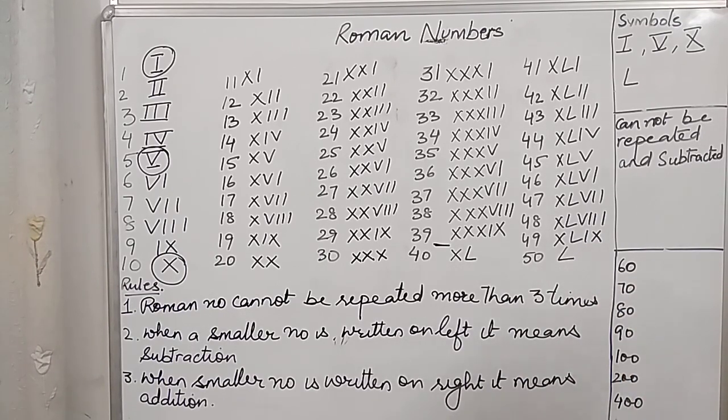Now how do we write 60? 50 plus 10. So L, X. 70 is L, X, X. 50 plus 20, 80, 50 plus 30. Here it has reached the maximum number of times it can be repeated.